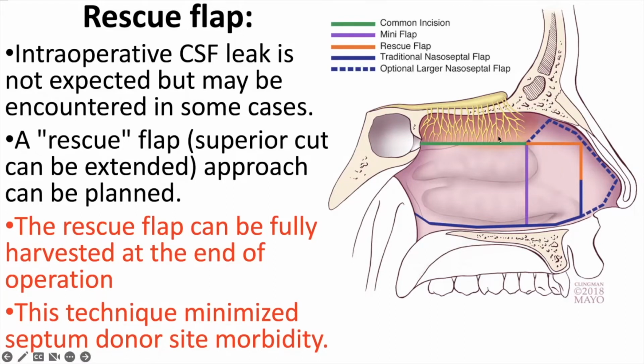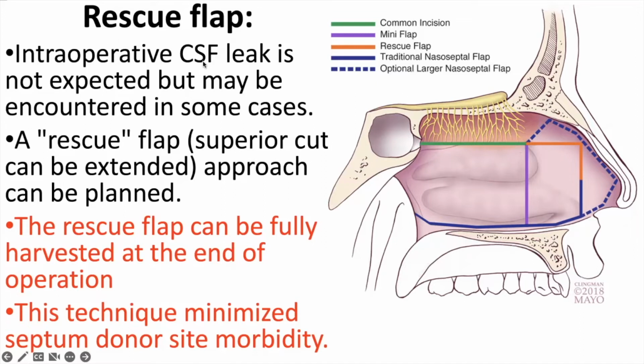So you can introduce the instrument. The advantage of the rescue flap is that if the flap is not required, if there is no CSF leak, then you can reposition the flap back, because only one cut has been given. Okay, and the mucosa has been mobilized.